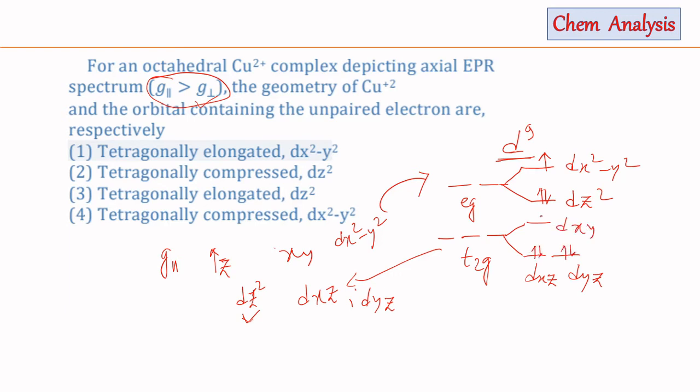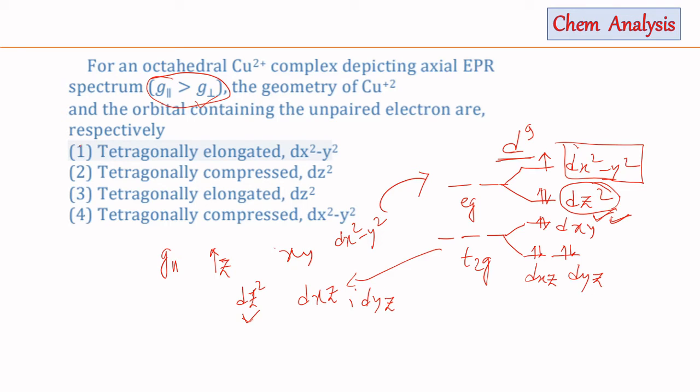Therefore, we can say since dz square orbital contains more electron density, repulsion between the metal electron density and the ligand along the z axis will be higher, and therefore the complex will be tetragonally elongated, since the repulsion along the z axis between the ligand and the d electron density of the metal center, that is the dz square orbital, is higher than that of the interaction between the ligand and the orbital along the xy plane, that is dx square minus y square.